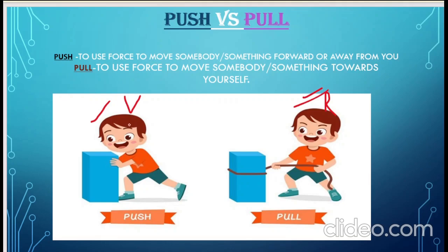He's trying to move the object away from him. So we call it a push. Rohit Sharma is trying to move the object towards him. So we call it a pull. So it is clear that push is nothing but moving an object away from us, and pull is nothing but moving an object towards us.